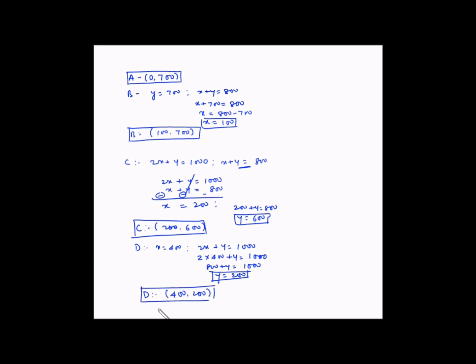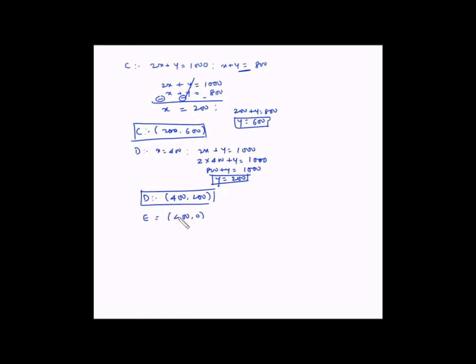And we already know the coordinates of point E are 400 and 0, and the coordinates of point O are 0, 0.